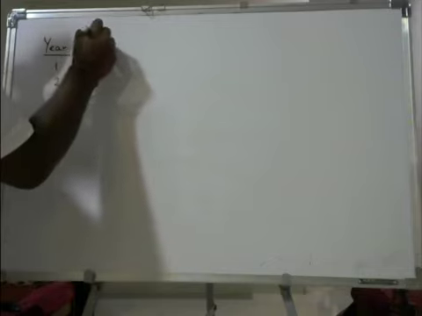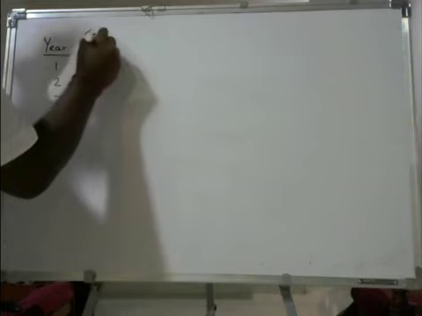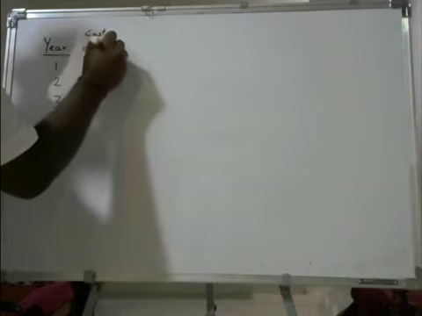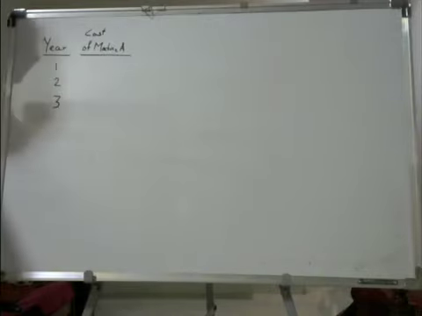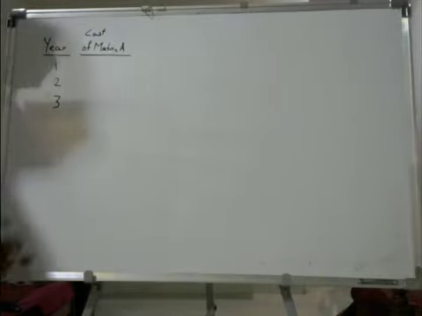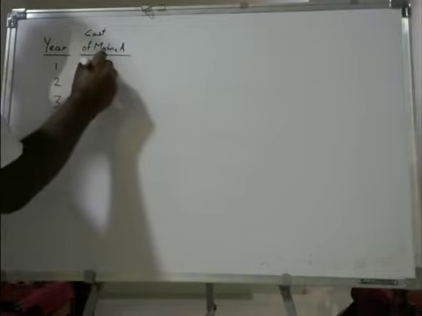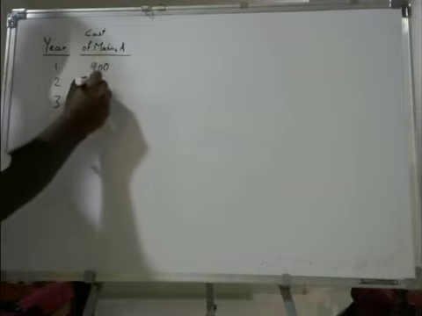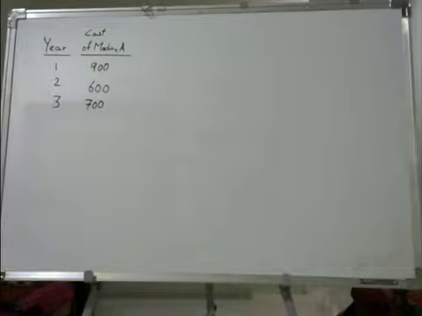It is nothing but maintenance cost of machine A. The cost of machine A is nothing but the maintenance cost of machine A. That is, for the first year it is 900, 600 and it is 700.